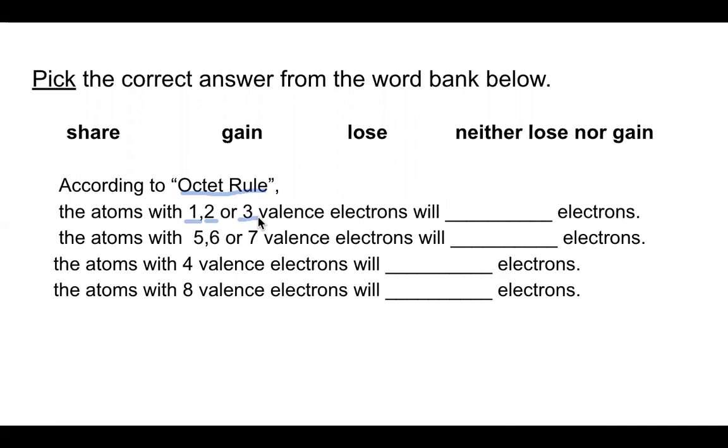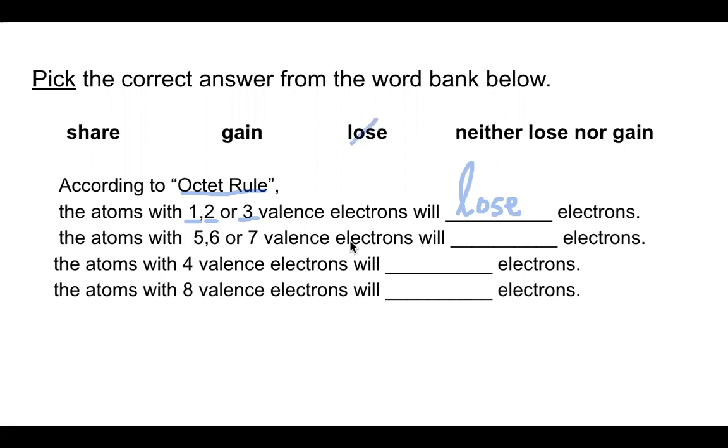Whether they lose, gain, or share, what's your answer? They will lose electrons. Because they have only a small number of valence electrons, it's better to give away those electrons instead of gaining the extra electrons to become 8.